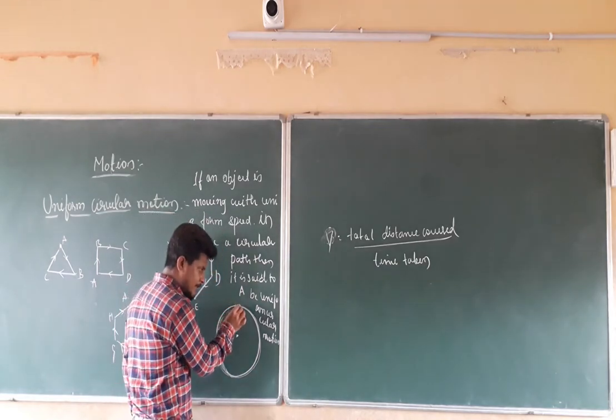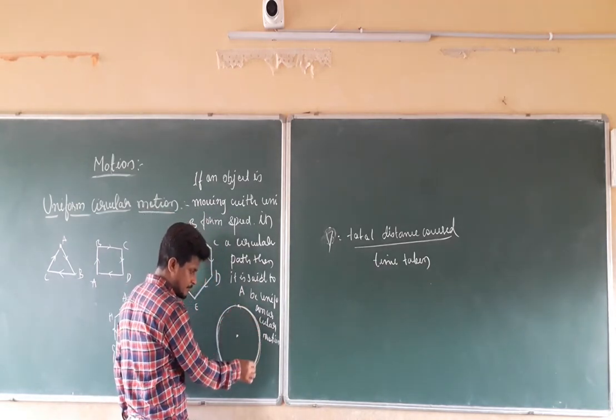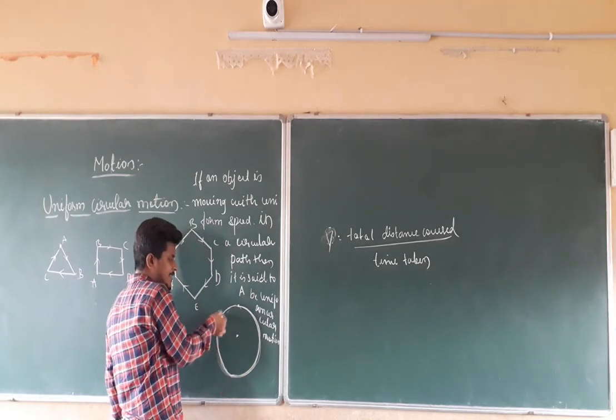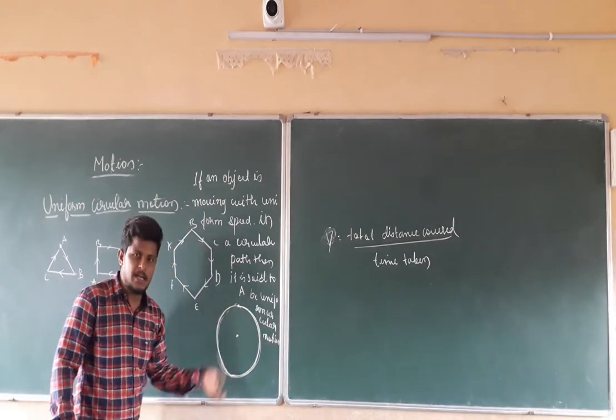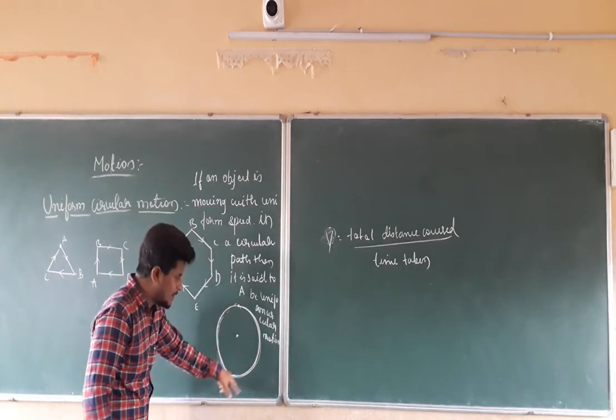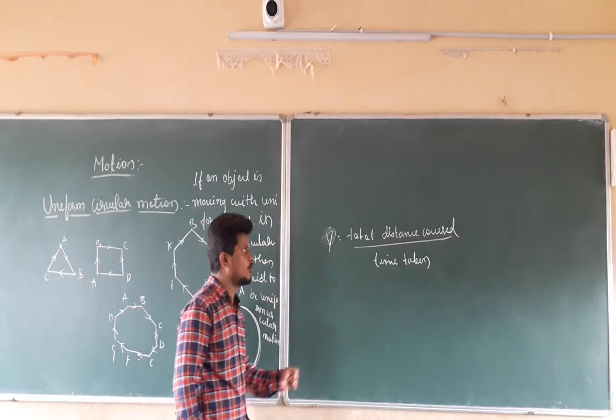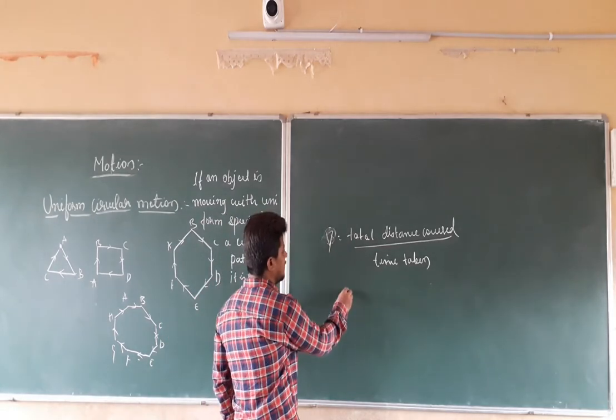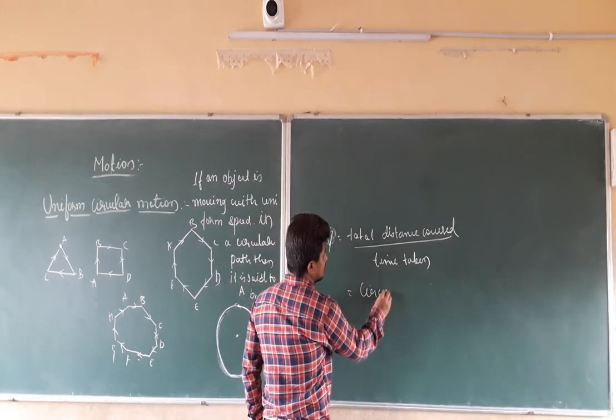The total distance covered in the circular path is nothing but the perimeter, or the circumference of that circle.